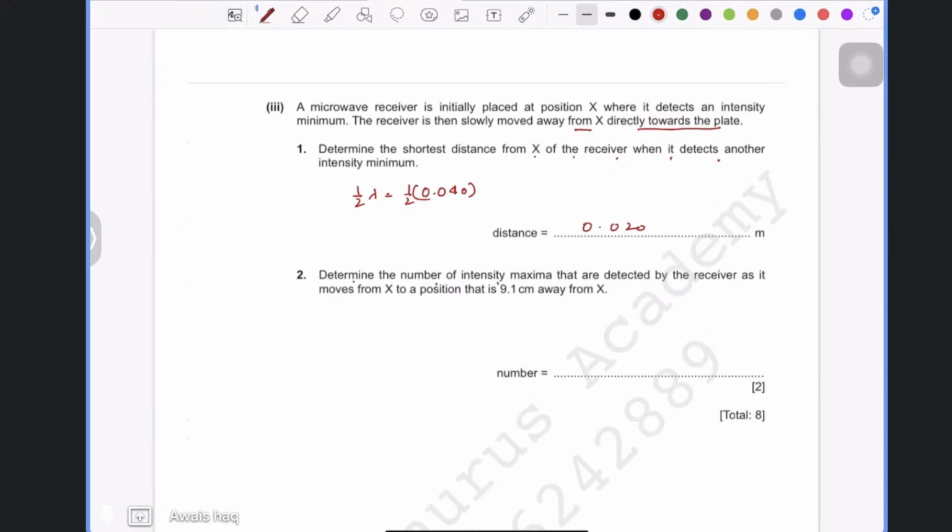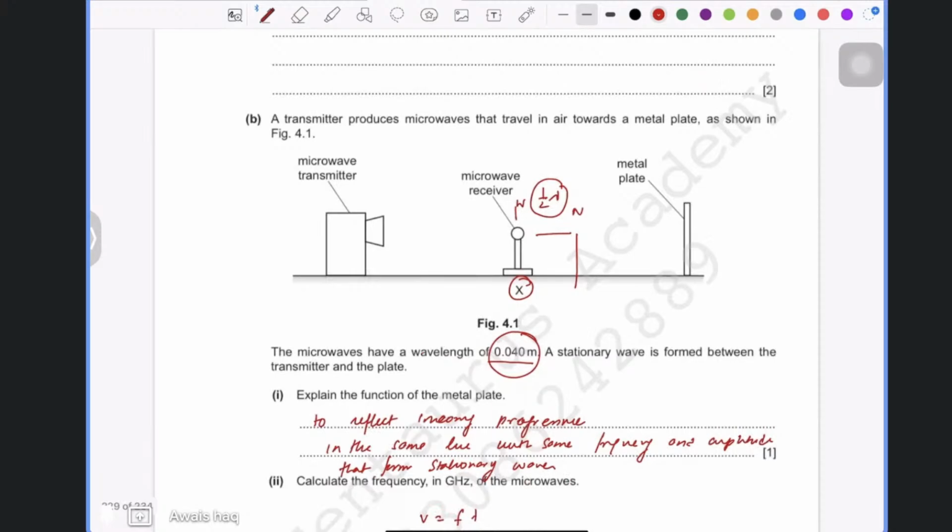Determine the number of intensity maxima that are detected by the receiver as it moves from X, and that is 9.1 centimeter away. Now we need to understand this, that the distance from this point to the reflecting plate is 9.1 centimeter, which is basically 0.091 meters, and this is the lambda.